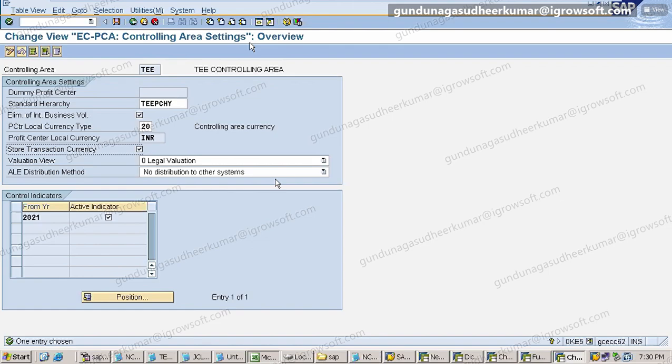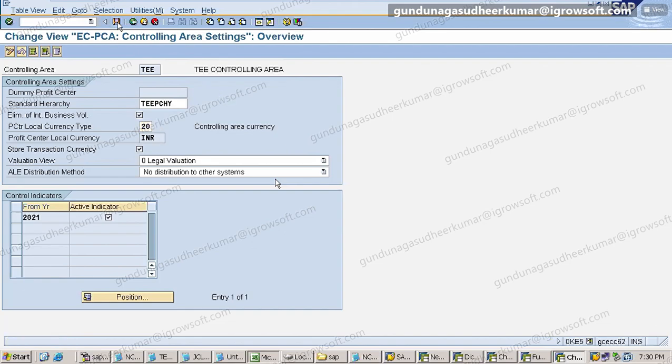Excuse me, sir. PCTR local, here we are giving 20. Why, sir? Because this is a controlling area. Which currency will you follow? Your controlling area currency or some other currency? Which currency do you want to follow for the profit center account? Okay, sir. PCTR is nothing but profit center local currency type.